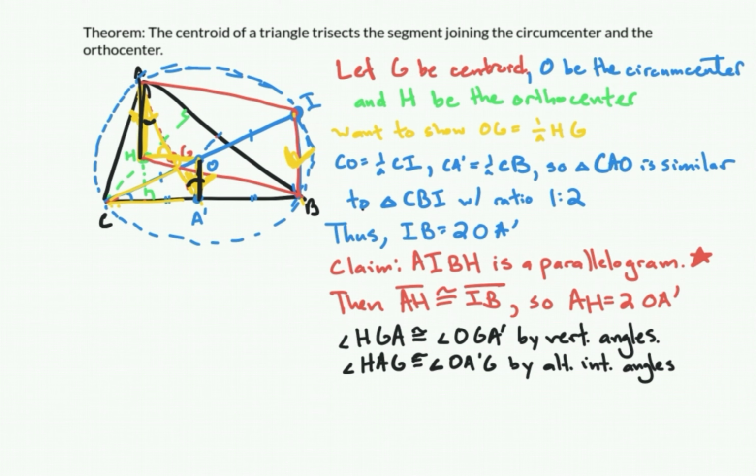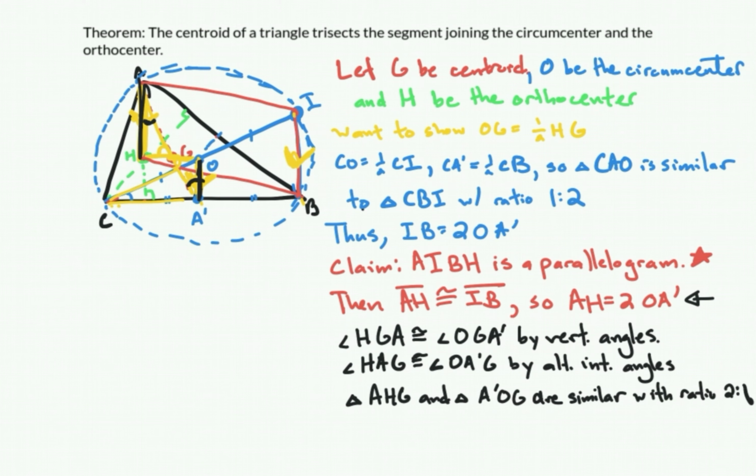So therefore, triangles AHG and A prime OG are similar, right? Because they have two angles that match up, so the third angle is going to match up as well. And because of what we proved up here, that AH is twice OA prime, they're similar with a ratio of 2 to 1.